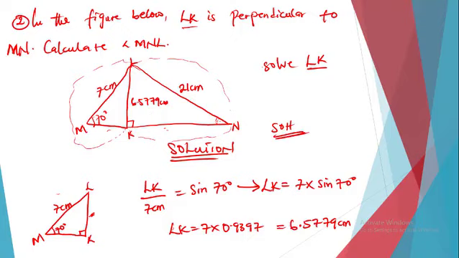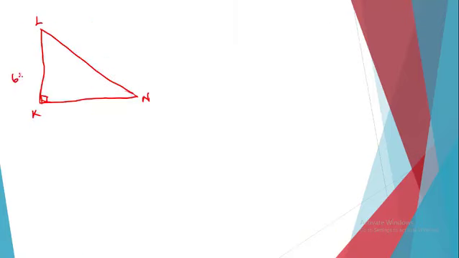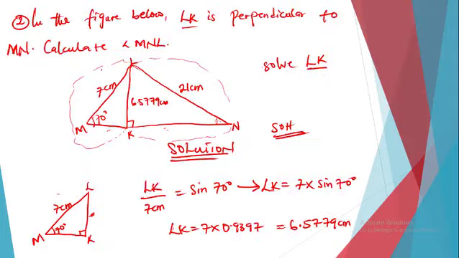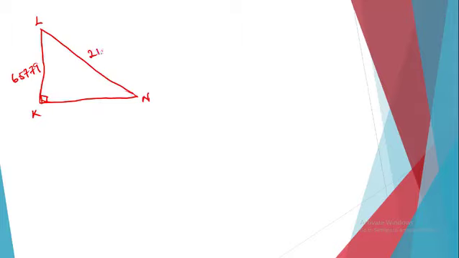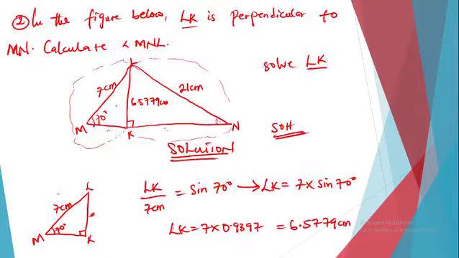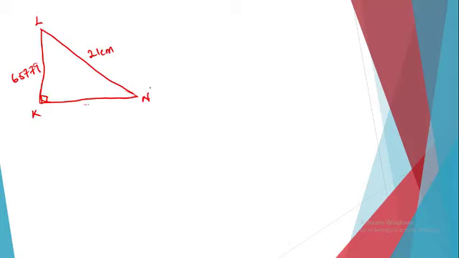Here is our angle 90, and here is our K, here is our L. Now the line here is 6.5779, and the line here is 21 cm. Here is unknown, and we now solve for the angle at N.